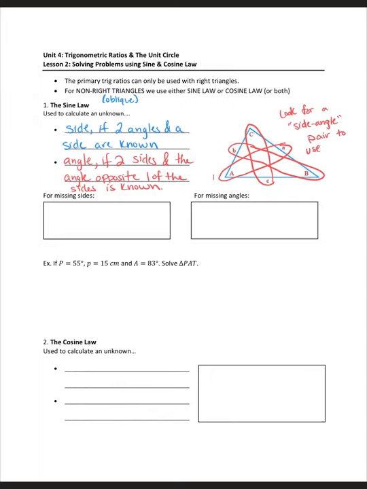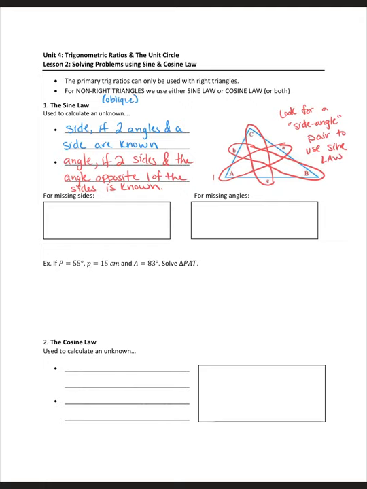to use sine law. And this is why, because sine law states that the ratio of corresponding angle and side lengths is proportional to another pair of angle and side lengths.